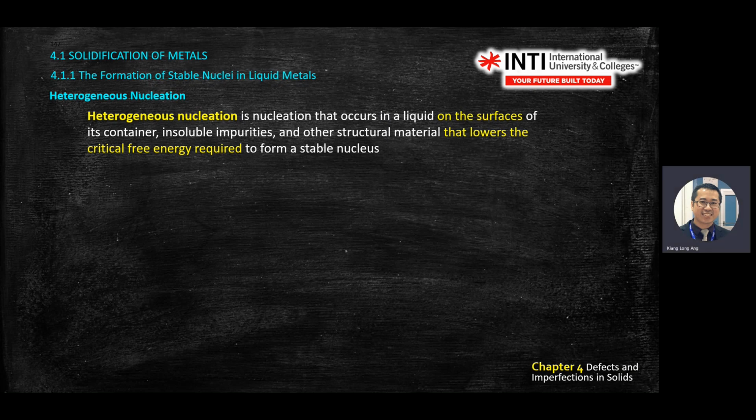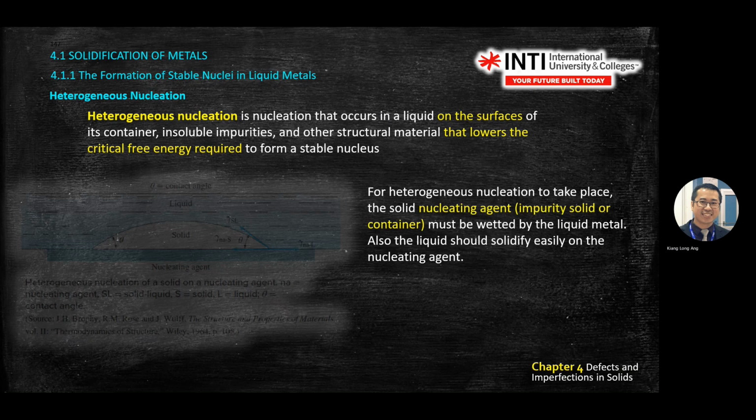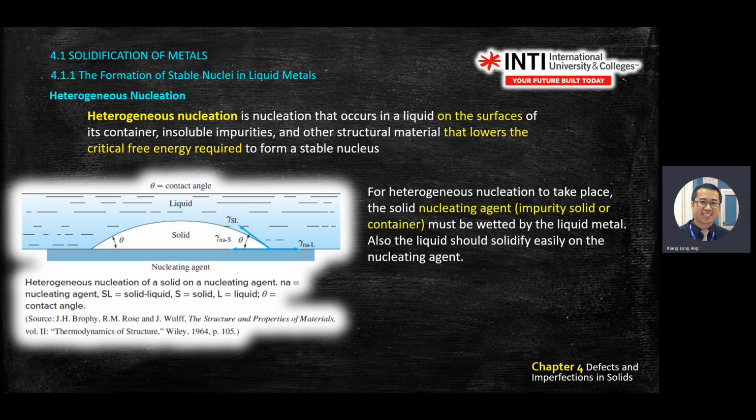Then when it captures, it lowers the critical free energy required to form a stable nucleus. So this is how the nucleation happens. This one is for heterogeneous nucleation. The earlier one is homogeneous. Heterogeneous is not pure. You can say it happens in a non-pure metal condition.